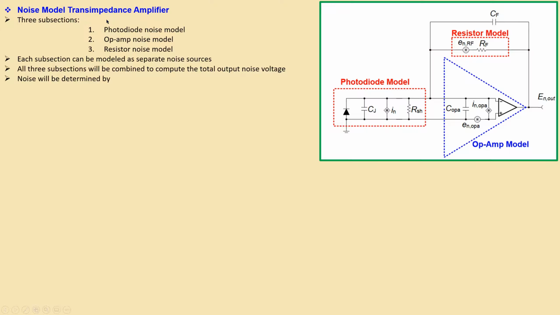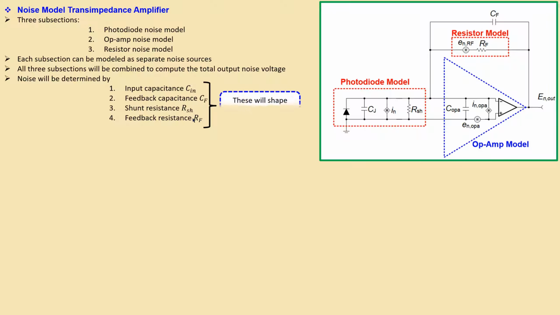And noise will be determined by the capacitor at the input, the capacitor in the feedback, the shunt resistor, and the feedback resistor. Those four elements will determine the noise at the output, and that will also give you the shape of the noise gain.